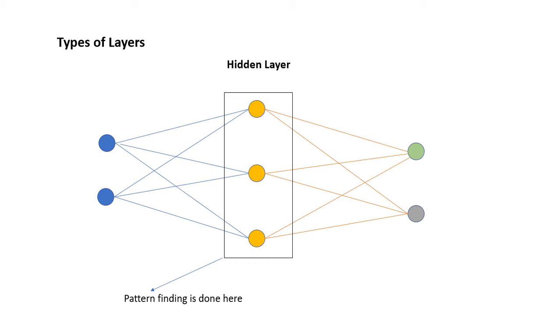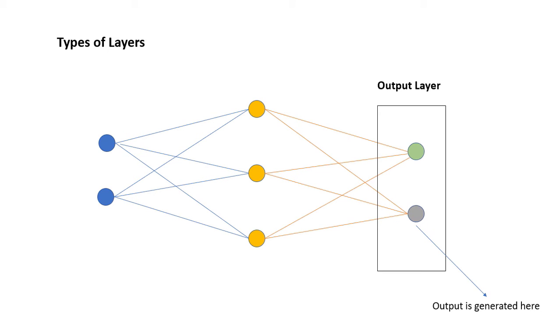Similarly, the third type of layer is the output layer. Here the outputs are generated. For our height and weight example, where we are predicting whether a person is male or female, we will get two values here. We will get 0 for male and 1 for female. So these output neurons contain the output for our network.